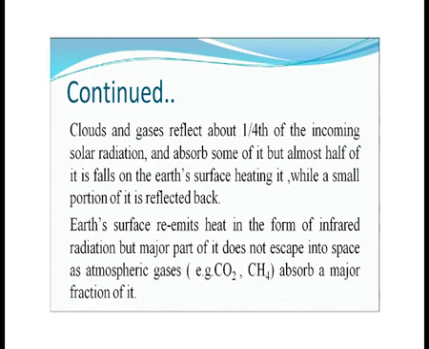Earth's surface re-emits heat in the form of infrared radiation, but a major part of it does not escape into space as atmospheric gases such as carbon dioxide and methane absorb a major fraction of it. Let me remind you friends, the greenhouse gases are many more, which we are going to focus on a little later.